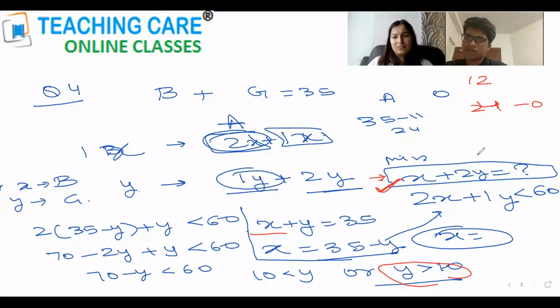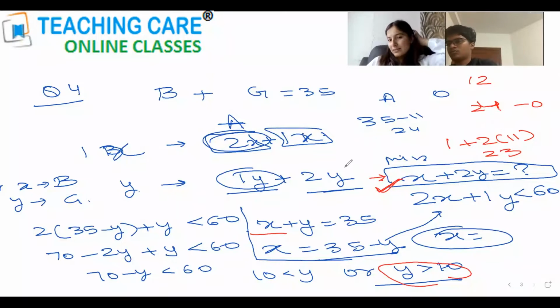Minimum number of oranges. I think there is one confusion here whether to take 0 or not. Because if we are taking 1 and y we are taking 11, so it will be 23. Can you please check in the answer key, Bhavin, if they're taking 0 or not, and what's the final answer they are getting?